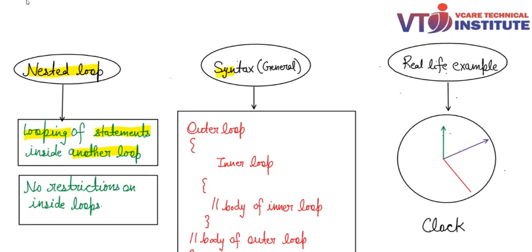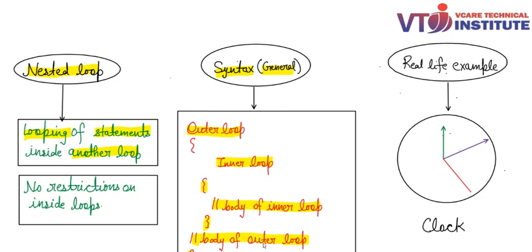Like you can see the syntax, and it's a general syntax for all types of loops, whether it is for loop or while loop. So there is an outer loop that has started but did not finish, and the inner loop has started, and its bracket started, it's the body of the inner loop, then its termination, and then the body of the outer loop has executed and its termination.